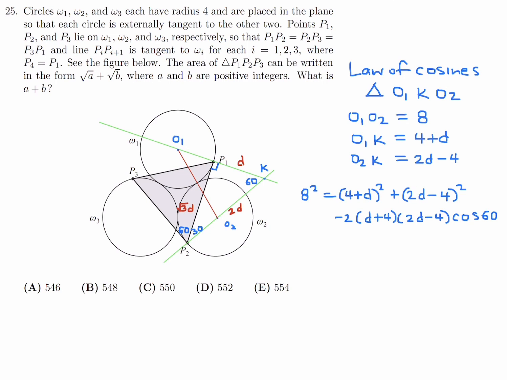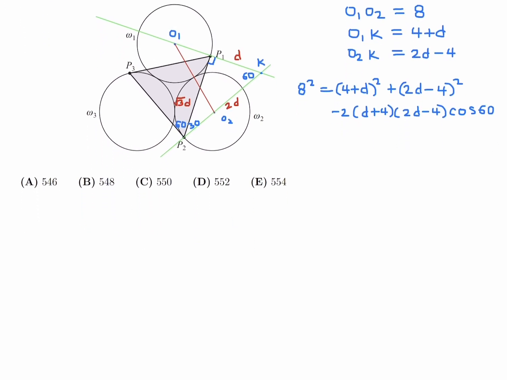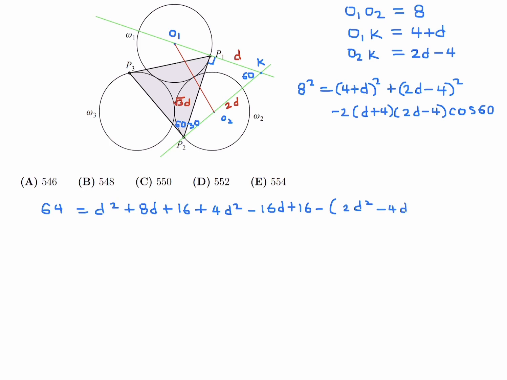So now let's do this. 64 is equal to D squared plus 8D plus 16 plus 4D squared minus 16D plus 16. Now the cos of 60 is a half, so that will just cancel with that 2. So I can just expand those two now: 2D squared minus 4D plus 8D minus 16. Okay, so now we just have to collect like terms.